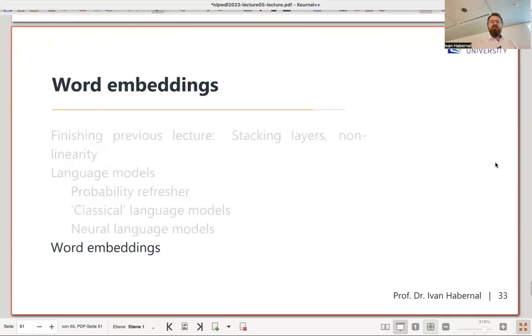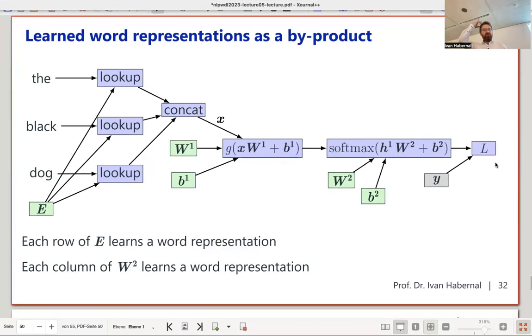What we learned as well, I think we finished. We have 2 minutes left, right? Or 3 minutes left. Okay. What we learn as a byproduct, so we train this on the data and we learn all the green parameters of the network. So we learn word representations.